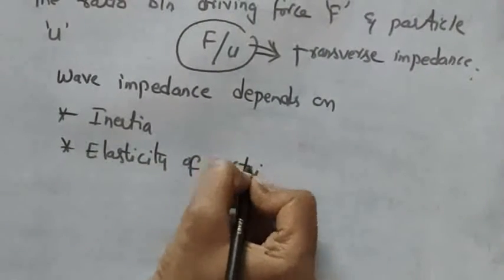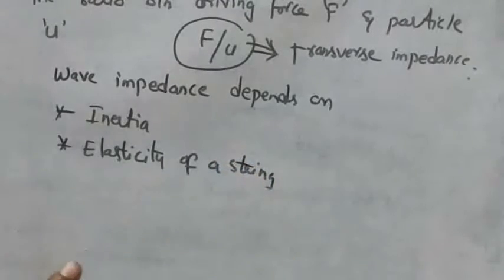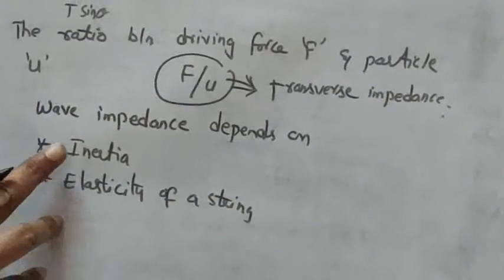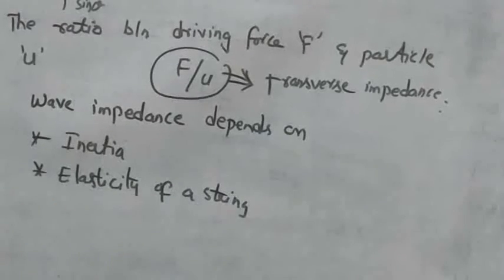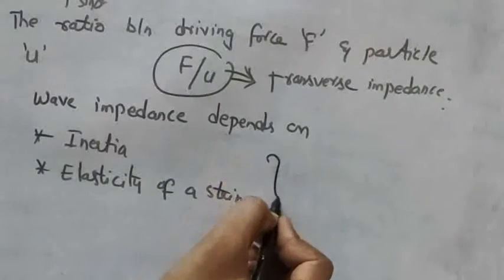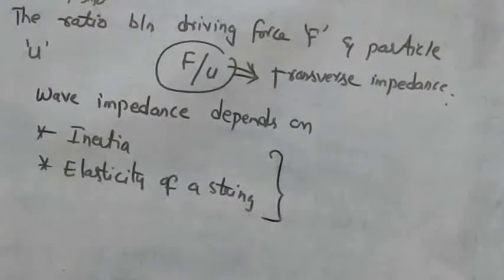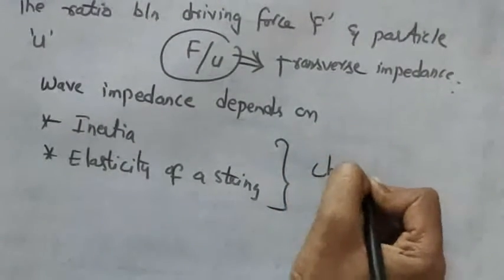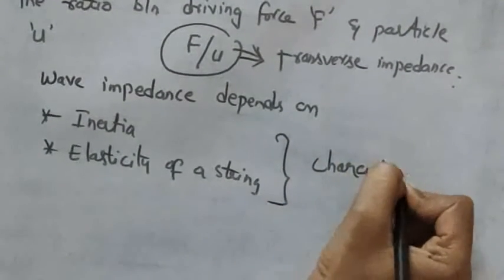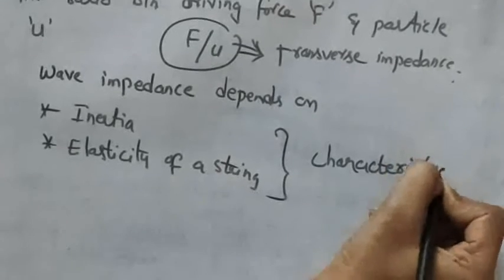So the wave impedance depends upon two parameters, mainly the inertia and elasticity of the string. So we are calling it the characteristic impedance.